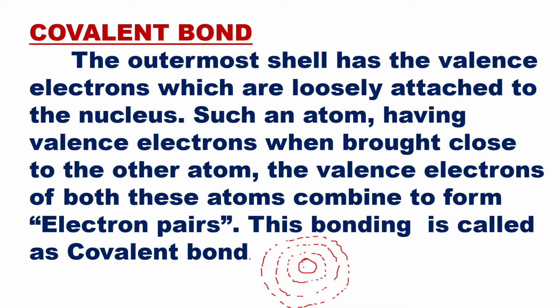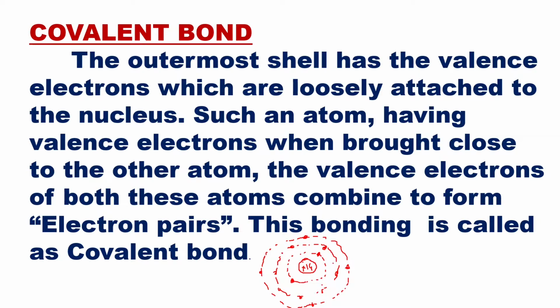There will be 14 protons here, and neutrons, and then you have 2 electrons in the first orbit, 8 electrons in the second orbit, and then the remaining 4 electrons in the last orbit. These 4 electrons in the last orbit are called valence electrons.